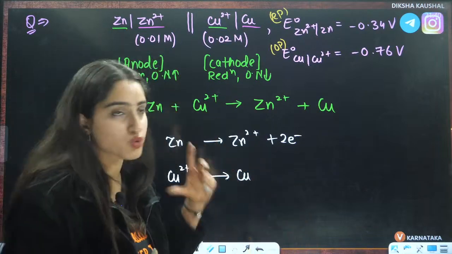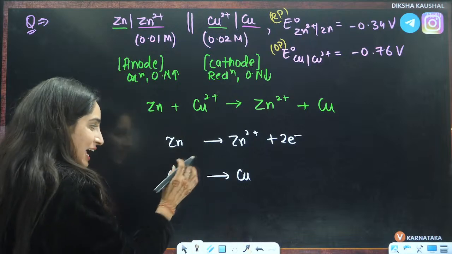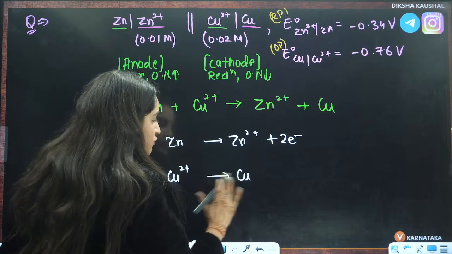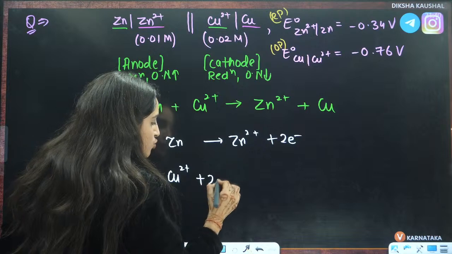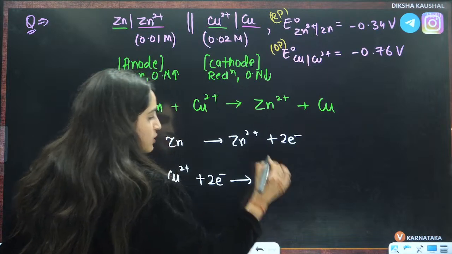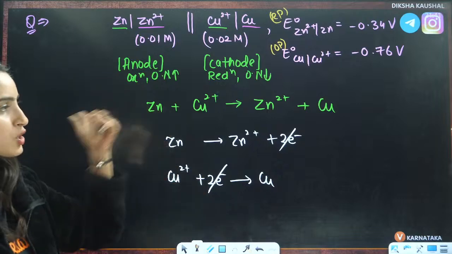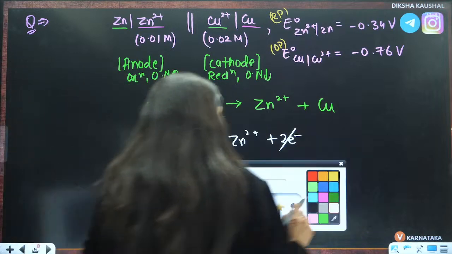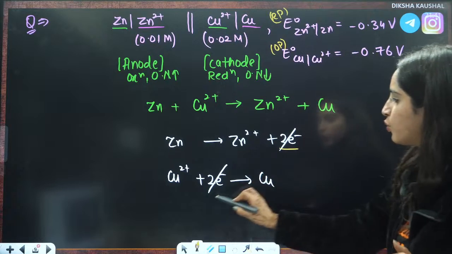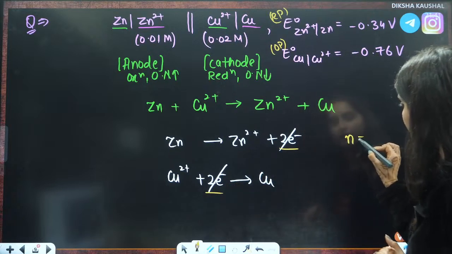That is why it is plus 2 here, right? Here it is gaining 2 electrons, so it will be on this side. When you add these two things, it will become this final equation. So the number of electrons gained and lost are 2 only. That is why n factor will become 2.